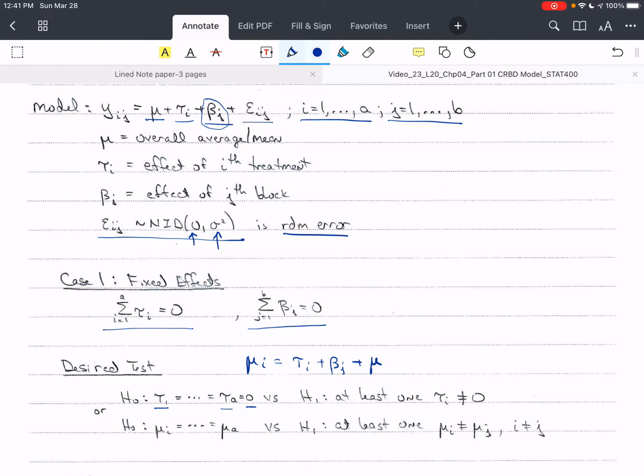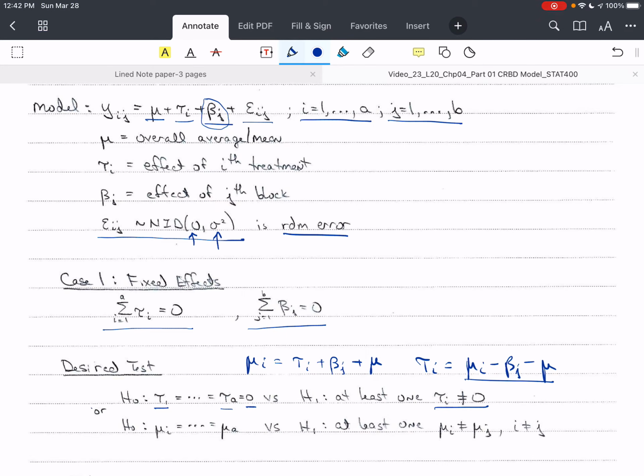And so tau i is going to equal mu i minus beta j minus mu. Okay? So if these are all equal, then they all have to be 0, because they're a subtraction here, okay? And the alternative is that at least one tau i is not equal to 0.